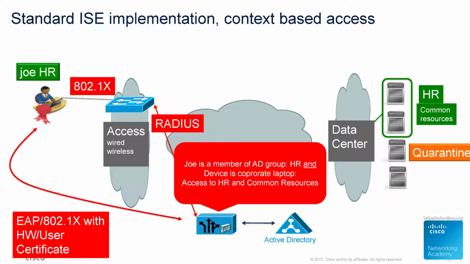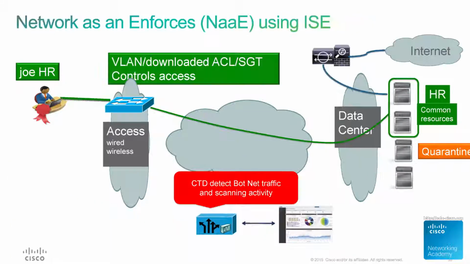It connects via 802.1X to a switch, a RADIUS lookup to ICE, ICE queries Active Directory, and we have a policy that says if you are a corporate user with a corporate device and you're in HR, these are the resources you should be able to access. An access list or a VLAN gets downloaded, and Joe goes ahead with his day.